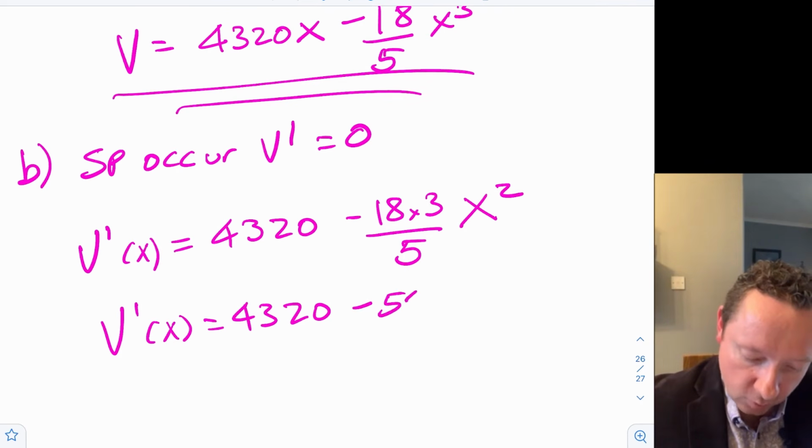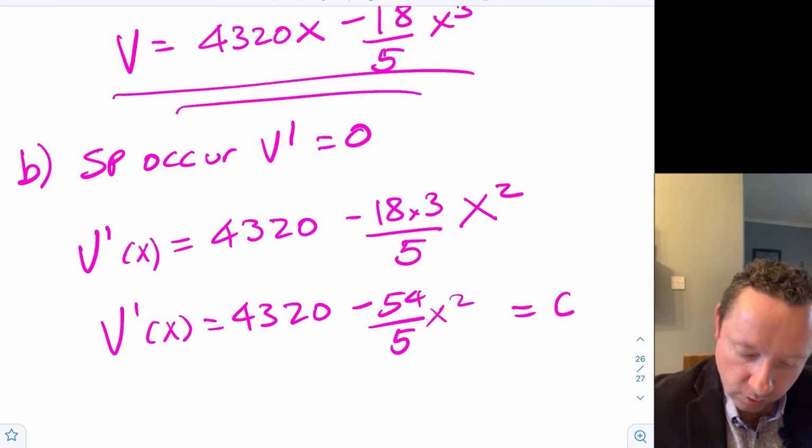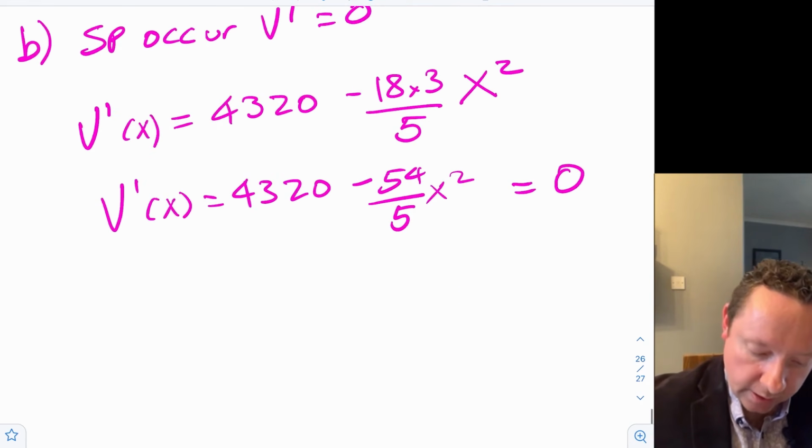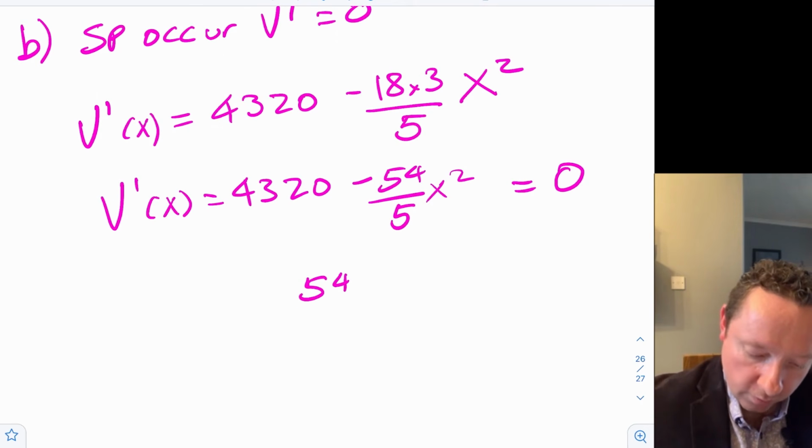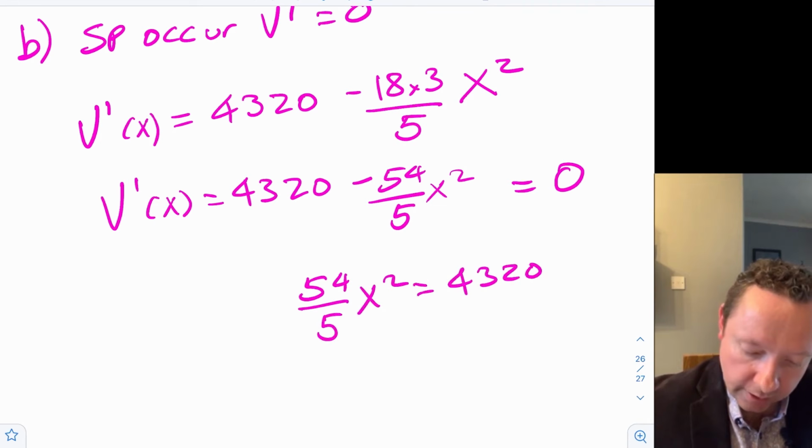So minus 54 over 5 x squared, and we're going to make that equal to 0. So we can say that 54 over 5x squared equals 4320, just like that, taking that over to the other side.